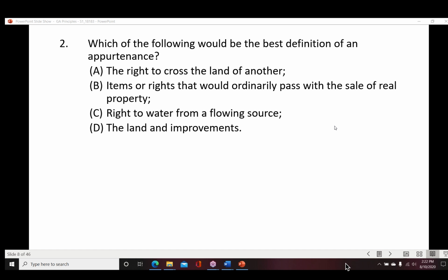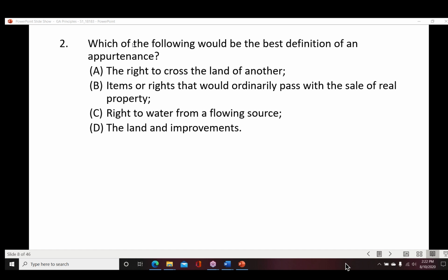Yes, that is correct. I will tell you there are a lot of students that do answer the question as D as in dog, right? And the reason that you do is that you might have read it a little bit too fast and you thought it said best definition of real estate. And if it would have said real estate or real property, the answer would have been D, right?